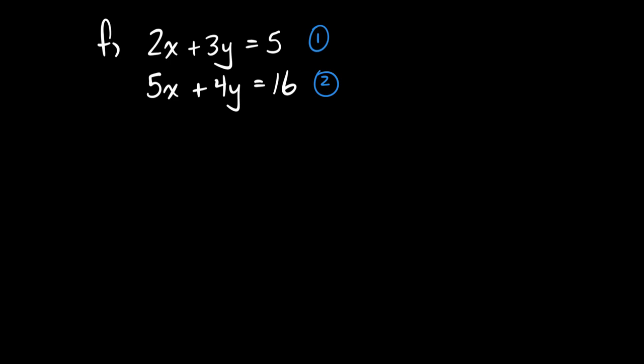I could take equation 1, and if my focus was on the x's, getting the same number in front of my x's, then one of the easy things I could do is multiply equation 1 by 5 and equation 2 by 2. And notice, in both of those cases, my equations would both have 10 x's. The same number of x's, and now I could eliminate my x's.